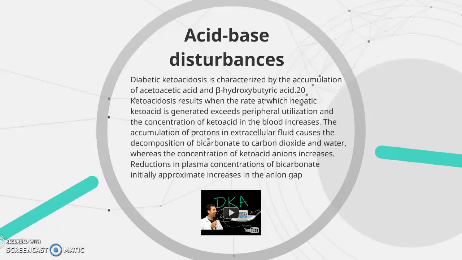The accumulation of protons in the extracellular fluid causes the decomposition of bicarbonate to carbon dioxide and water, whereas the concentration of ketoacid anions increases. Reductions in plasma concentration of bicarbonate initially approximate increases in the anion gap.